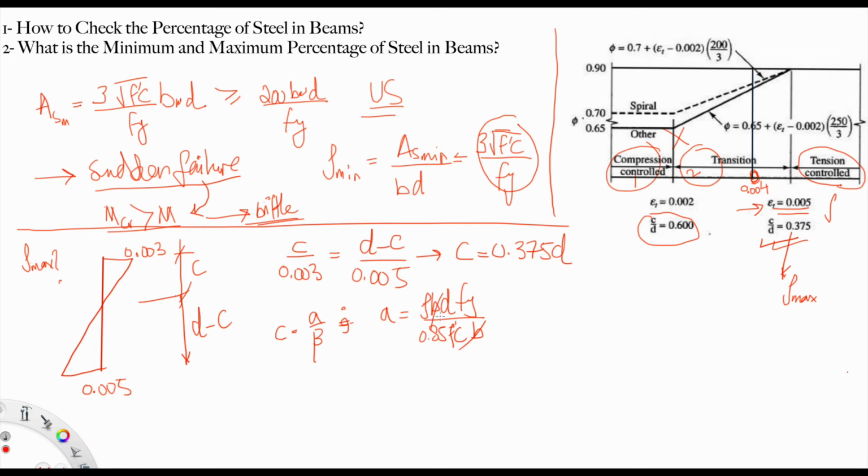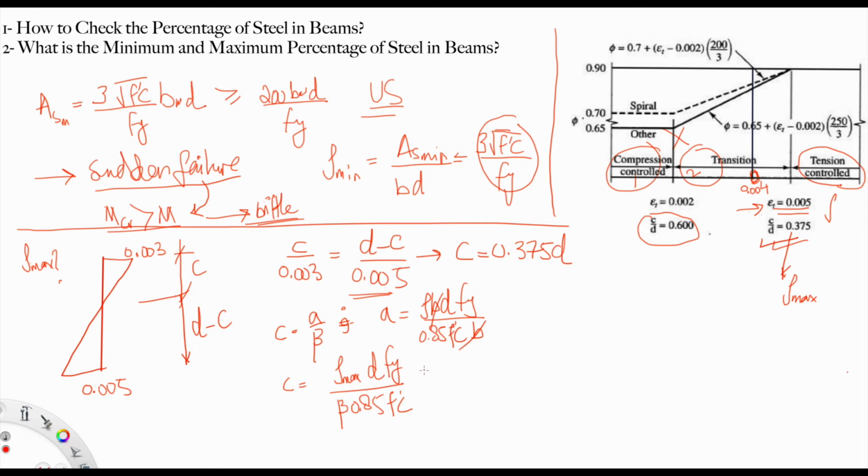Cancel b with b, and you get a. So c is rho, in this case rho max because we are using the strain 0.005, multiplied by d, multiplied by fy, divided by beta one times 0.85 f'c.